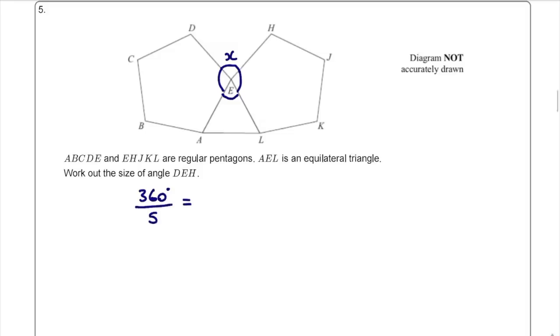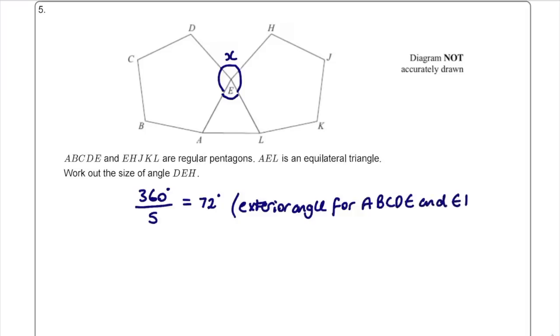If you work that out, you should get an answer of 72 degrees. So this is the exterior angle for A, B, C, D, E and E, H, J, K, L.